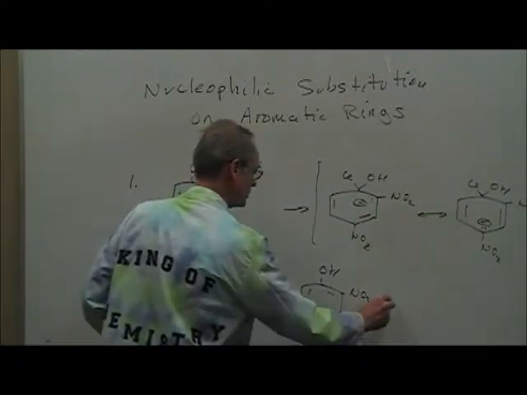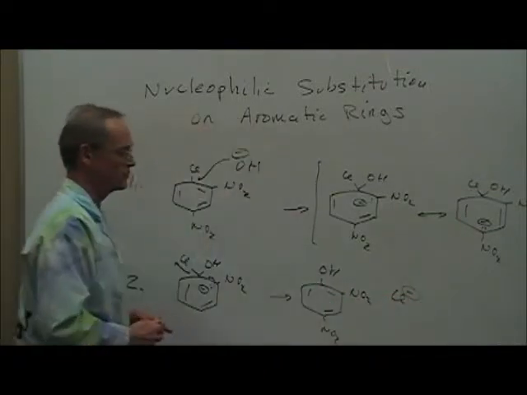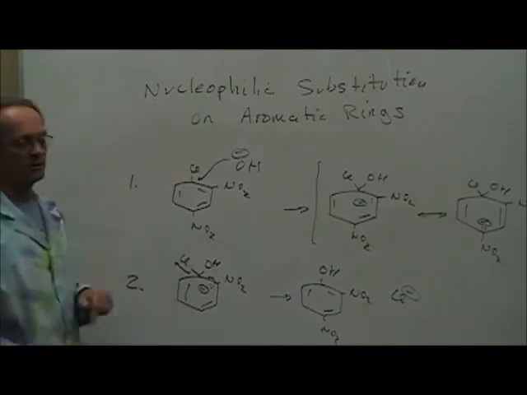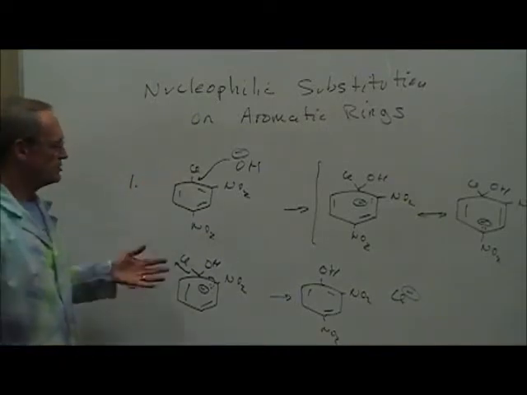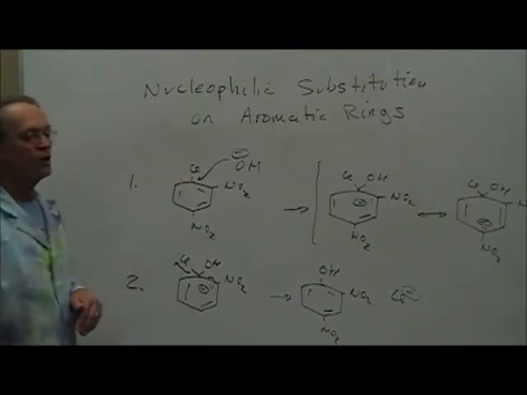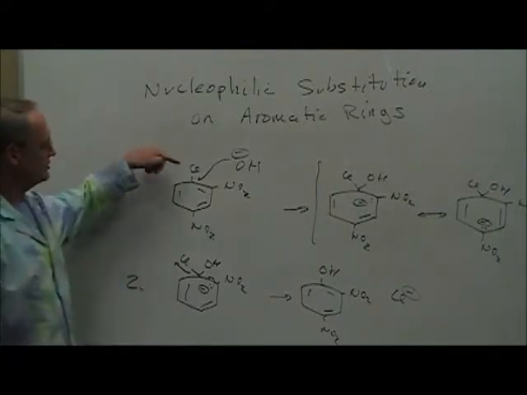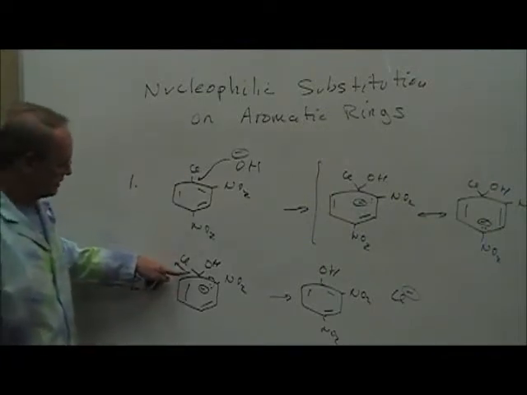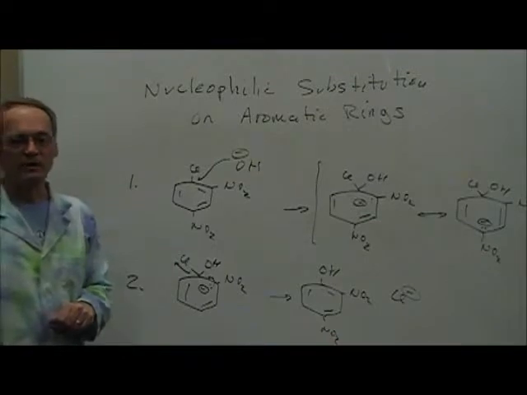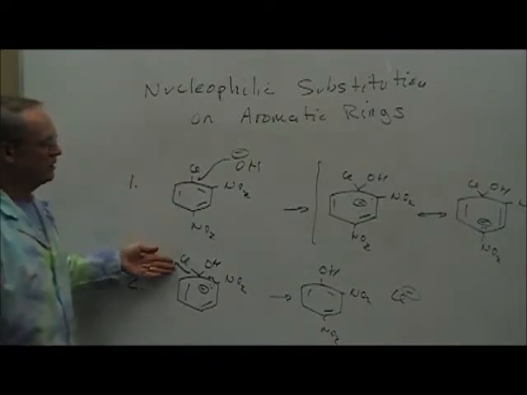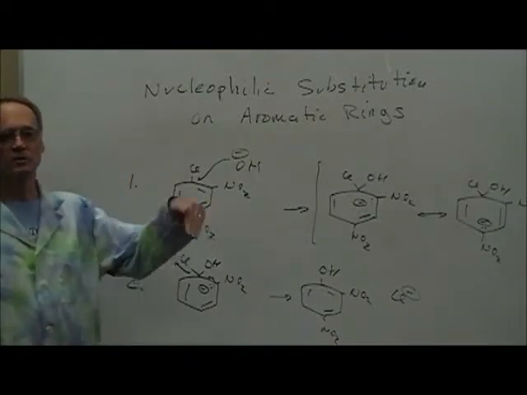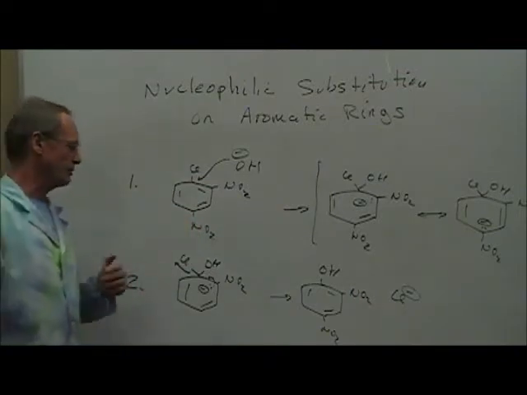And we have ejected Cl-, which is, of course, always the leaving group when you do nucleophilic substitution on an alkyl halide. So it's a fairly simple two-step mechanism. Notice that the two steps constitute addition, we're adding in the hydroxide, and then elimination, we're losing the chloride. That's why this mechanism is called an addition-elimination mechanism. Two steps, first one the nucleophile comes in, second one the leaving group leaves.